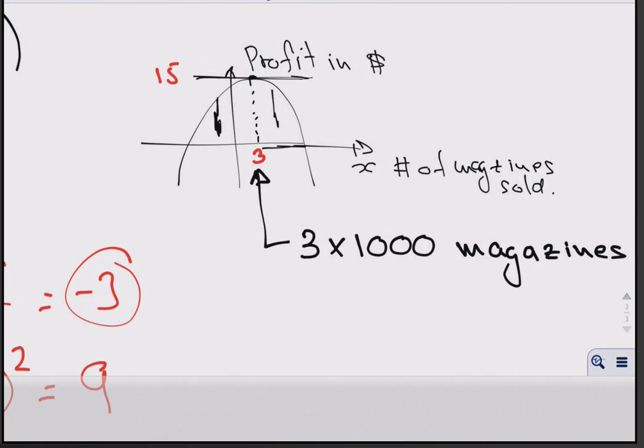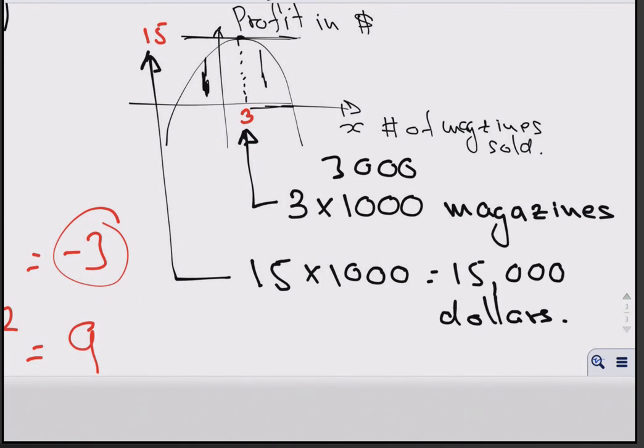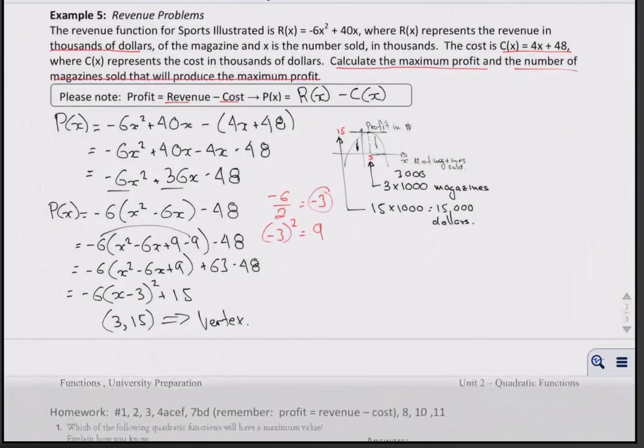And in terms of the profit, well, it'll be 15 times 1,000, which is just $15,000. There you have it. So we've used ideas about quadratic functions to solve a very simple type of revenue problem.